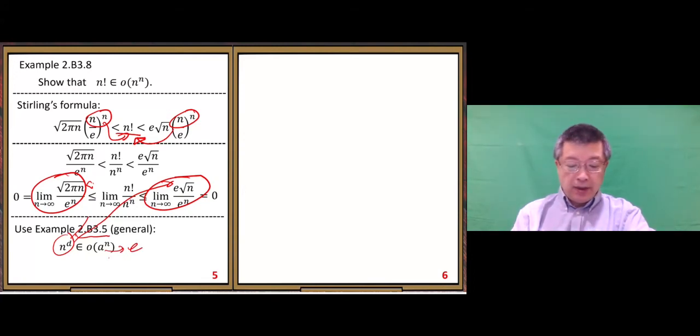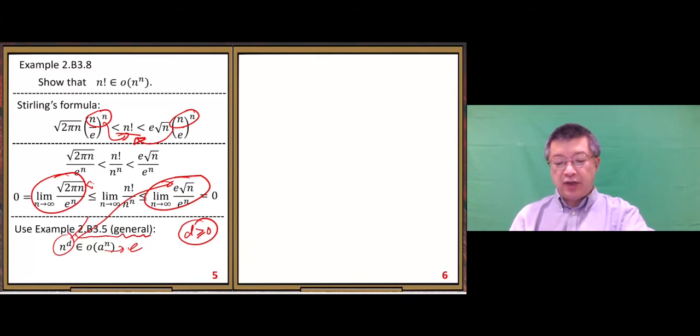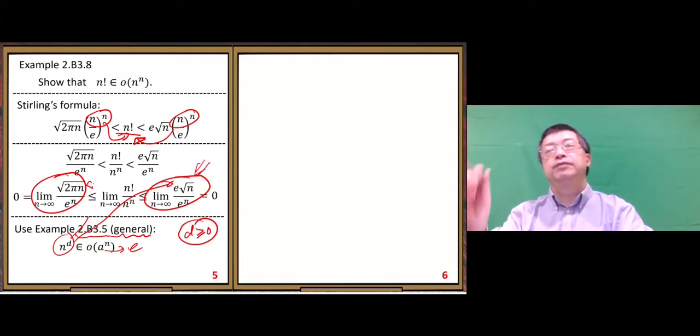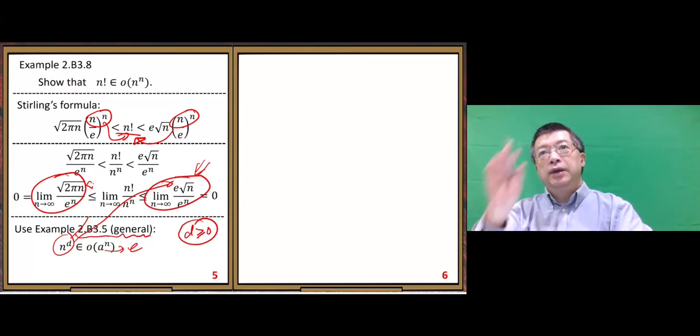So here you can see if we use that result for the general case, where we only need d greater or equal to 0, then this limit equals 0. This also equals 0.